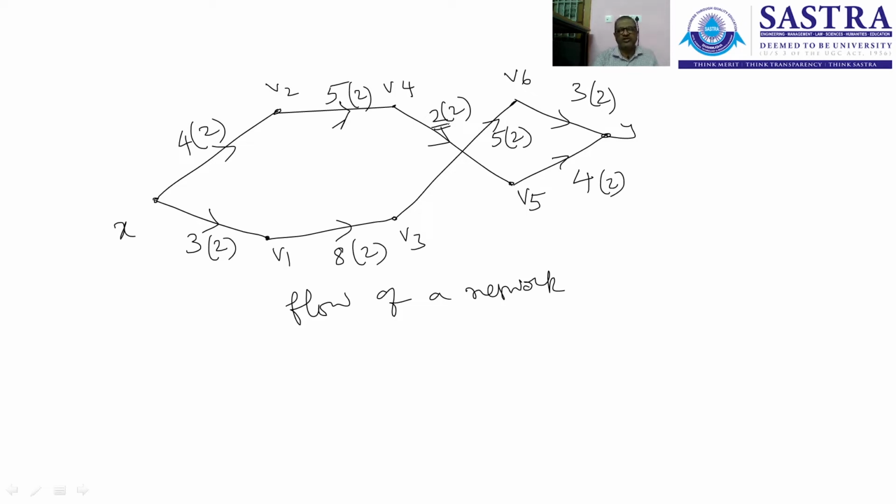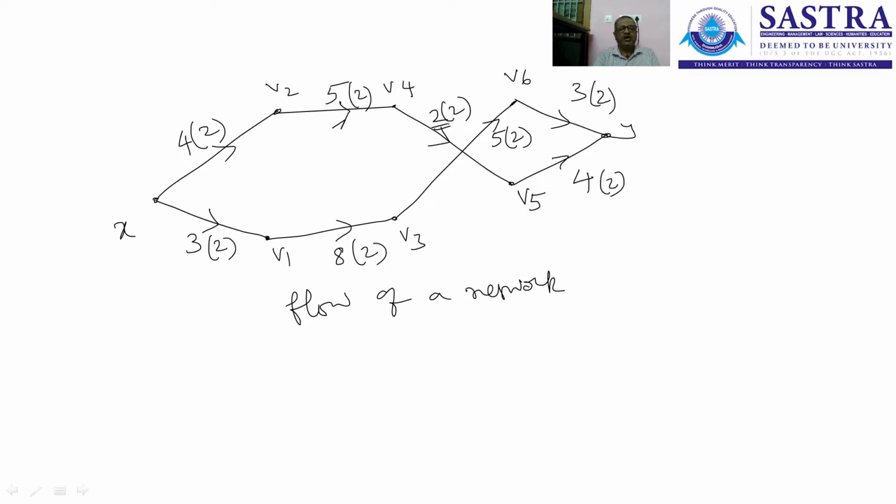Okay, it is not necessary that I have to take 2 always as the minimum value, but here what I have done is to illustrate this in an example. This example I have taken 2. So you can also take any value, but you have to see to it that the 2 conditions are satisfied, namely the capacity constraints, that is the flow should always be less than or equal to the capacity of the arc, and the second thing is that for any intermediary vertices, the incoming value should always be equal to the outgoing value.